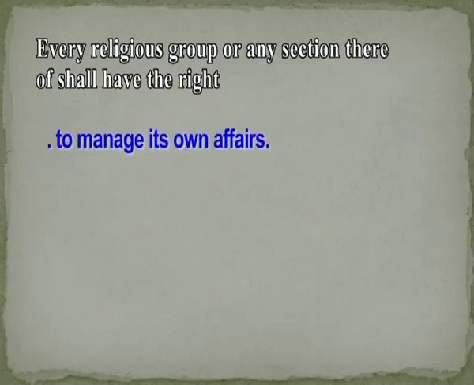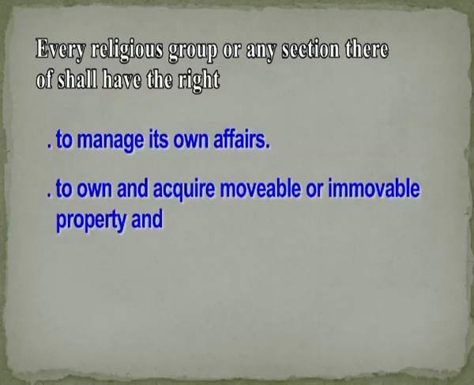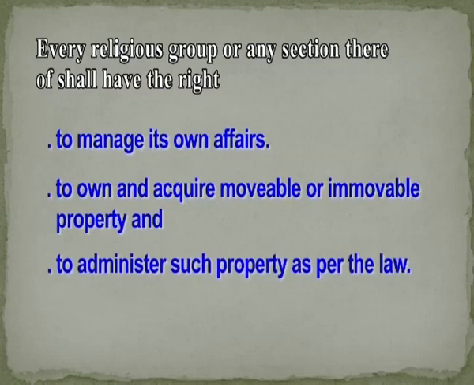Every religious group or any section thereof shall have the right: A, to manage its own affairs; B, to own and acquire movable and immovable property; C, to administer such property as per the law. There is also no compulsion to pay any tax on income, the proceeds of which are specifically used in payment of expenses incurred on the promotion or maintenance of any religion.